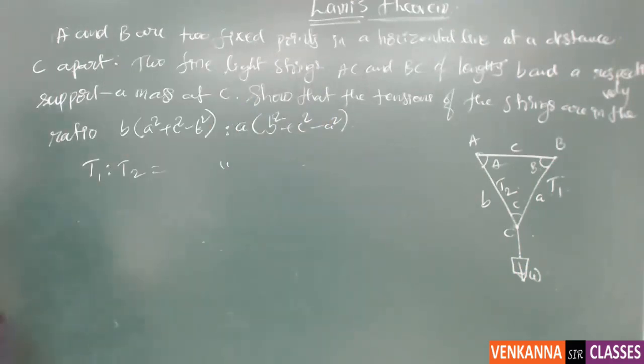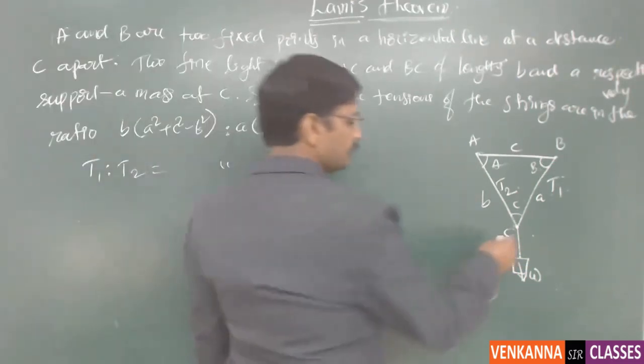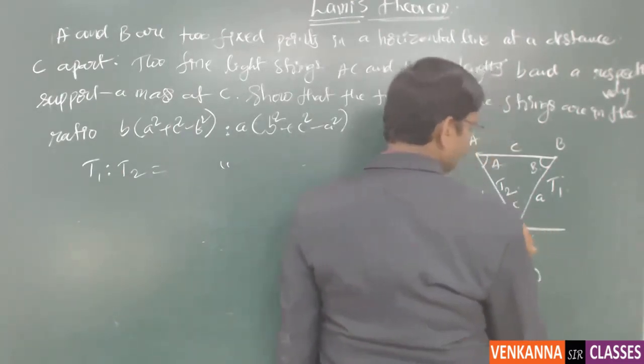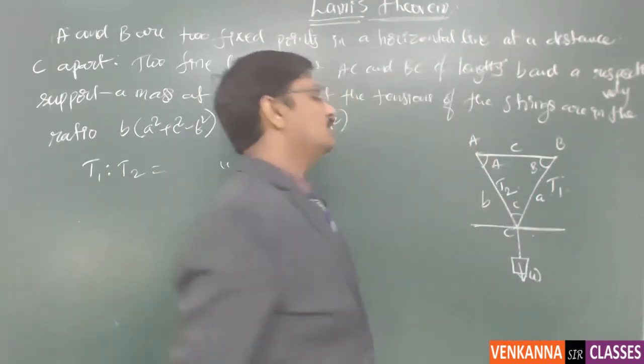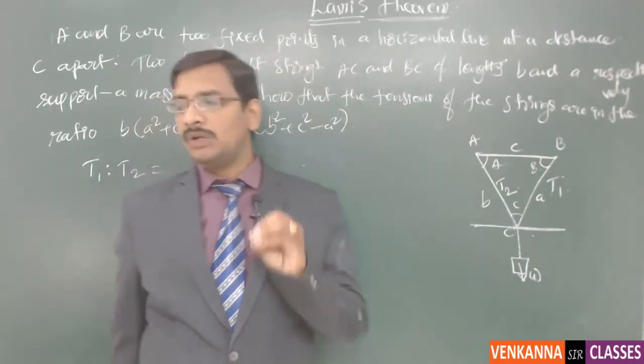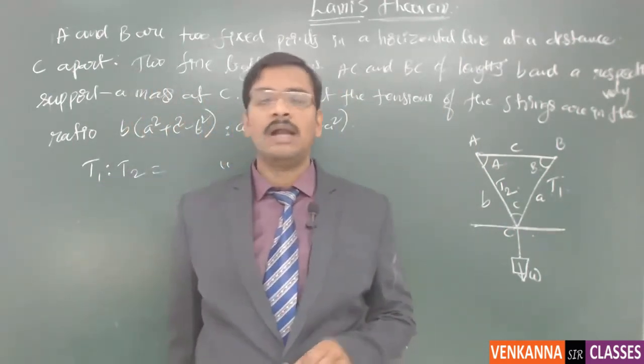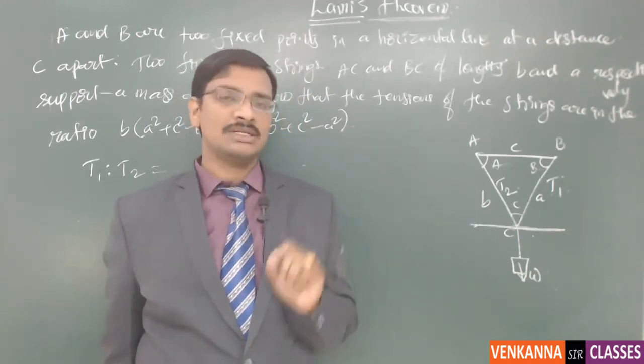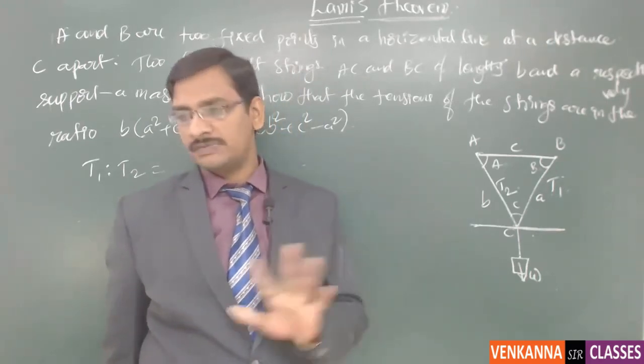Okay, let me solve this. The goal of this entire problem is, if there are only three different forces and all of them are balanced, then we need to identify the conditions for Lami's theorem.